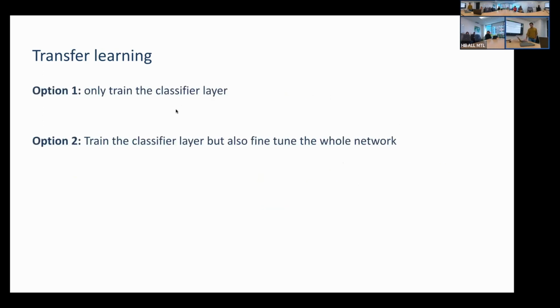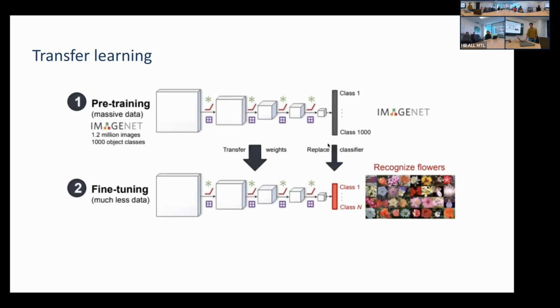One is that you can just take this network, remove the last layer, add a new layer, and train that layer to do flower classification. It's called linear probe, and it actually works quite well. You will see in one of the hands-on sessions how you can do it, and you can see that for some set of tasks, it's very efficient.